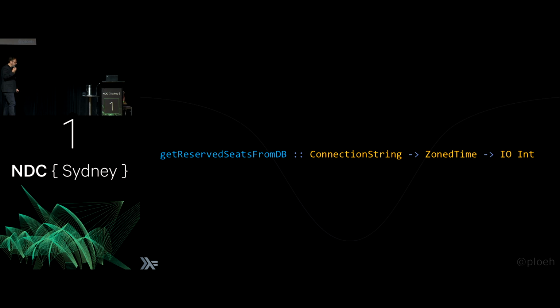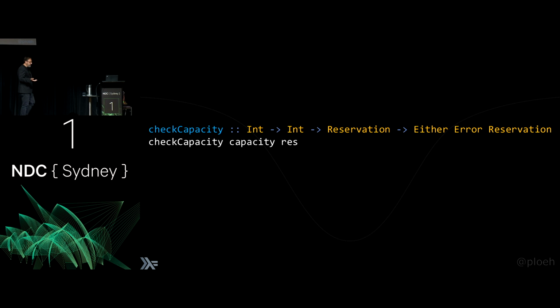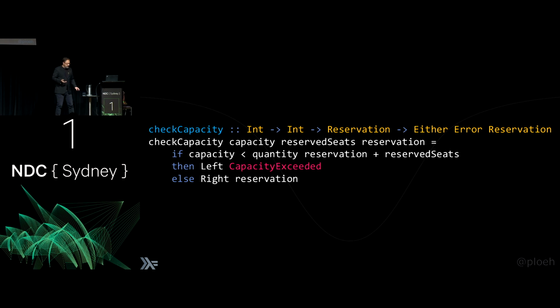But I talked about how you can't call an impure function from a pure function. But I'd like my business logic to be pure because I like as much as possible of my code to be pure. So I want to be able to make a decision. I could write a new function called check capacity, and if I forget for a moment about this distinction between pure and impure, in my ideal dream world, I'd like to have an integer which represents the number of already reserved seats.